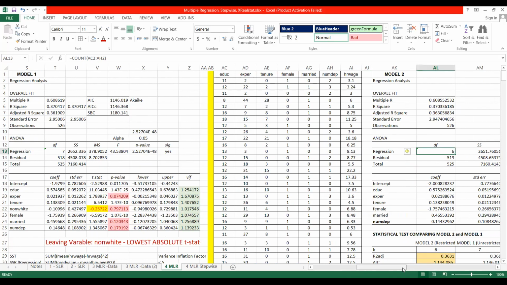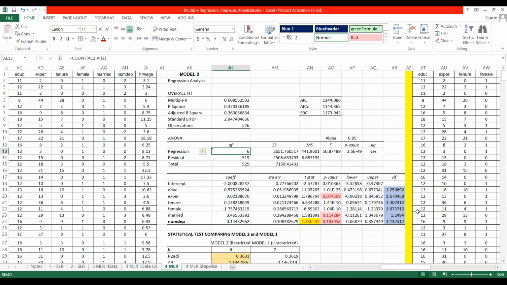Bakit? Nagtanggal tayo ng isang variable, no? Which is the non-white. So, overall goodness of fit, okay naman guys yung natin. Okay yung p-value natin. Ibig sabihin, we reject the null hypothesis that beta 0 is equal to beta 1 is equal to beta 2, etc. is equal to 0. Okay?